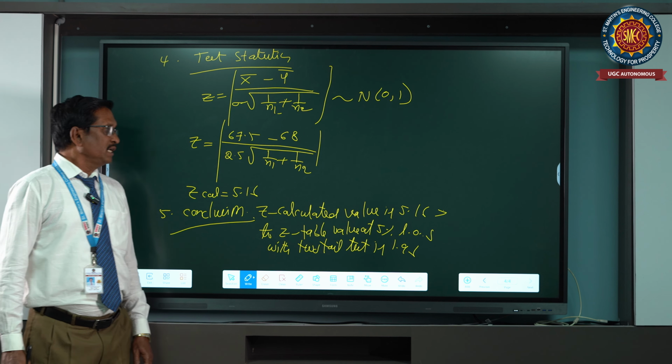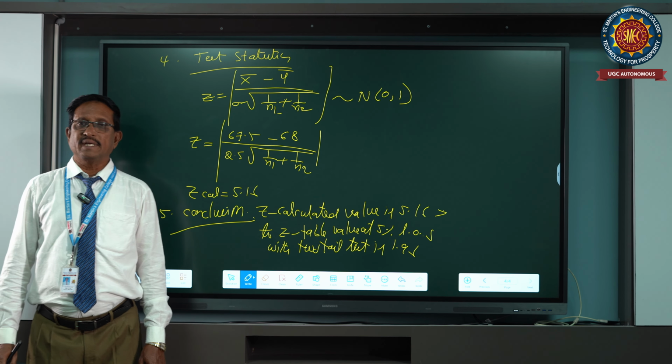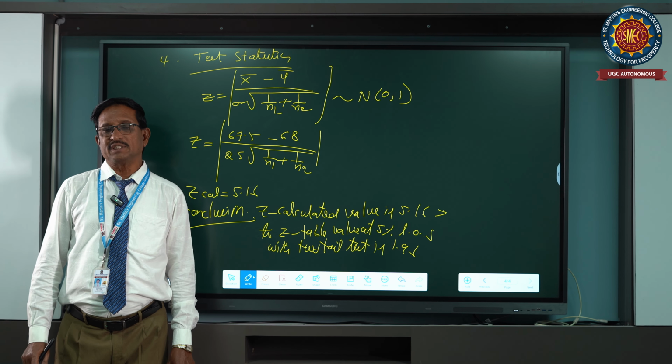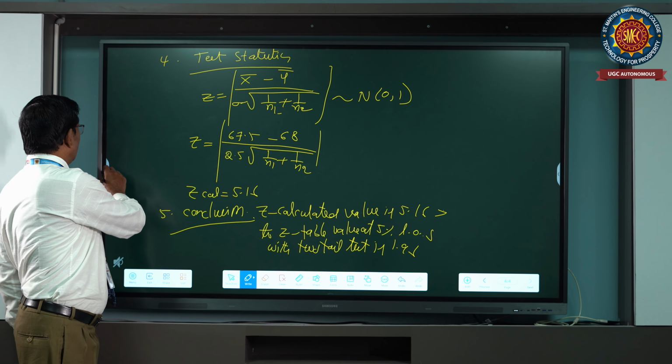When the calculated value is greater, we reject the null hypothesis, which means there is a significant difference between the two values.